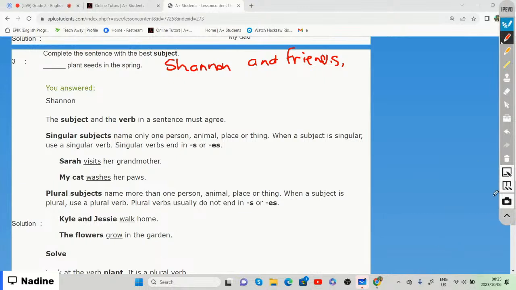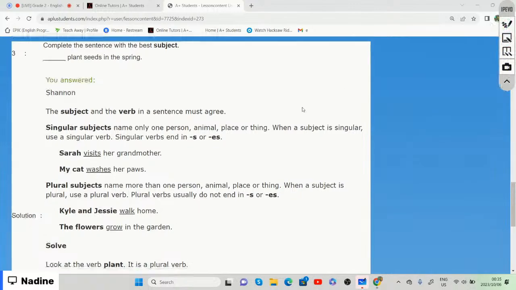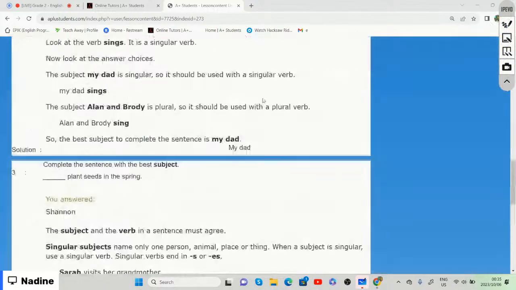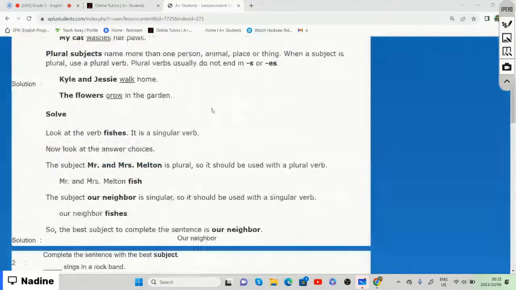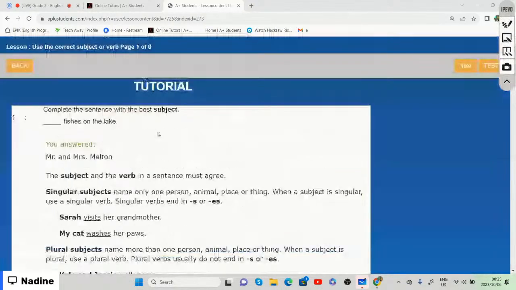All right. So basically, when it comes to having one or more, or referring to one or more subjects specifically, here we also use the correct subject or verb, right?